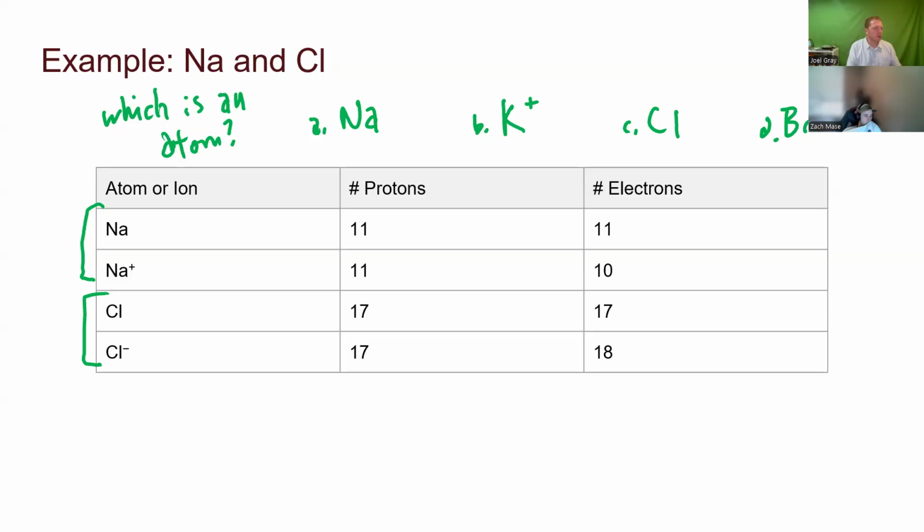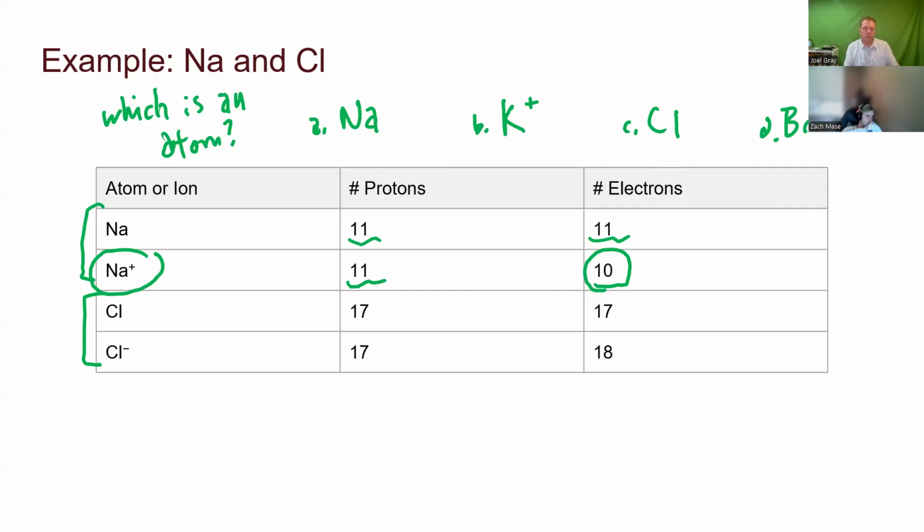They all have the same number of protons and electrons. Their numbers of protons and electrons cancel one another out. So a sodium atom has 11 protons, 11 electrons. A sodium ion, by comparison, well, it's got 11 protons and it's got 10 electrons. Because what happened? Well, it lost one electron.